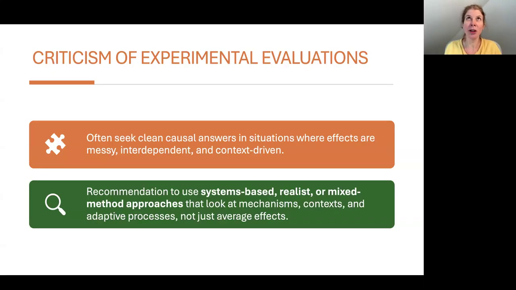So in these types of situations, the recommendation is normally to put aside experimental evaluation or use it with other methods, particularly systems-based, realist, or mixed methods approaches. And these approaches are going to help us think about mechanism, context, and the way these interact to produce particular outcomes, not just average effects.